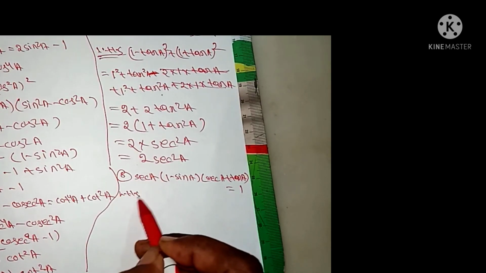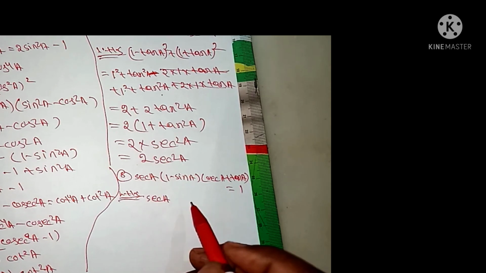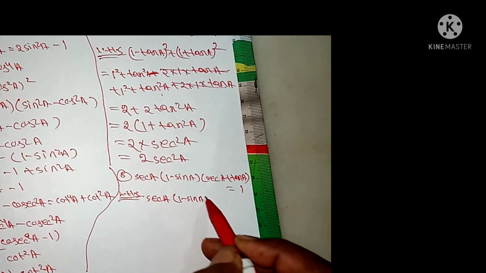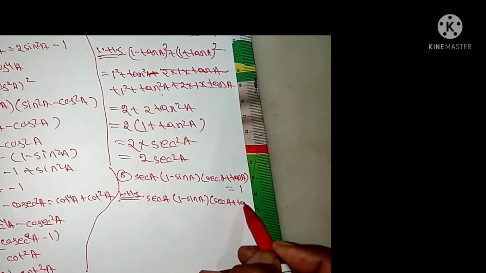LHS: sec A, 1 minus sin A whole into sec A plus tan A.